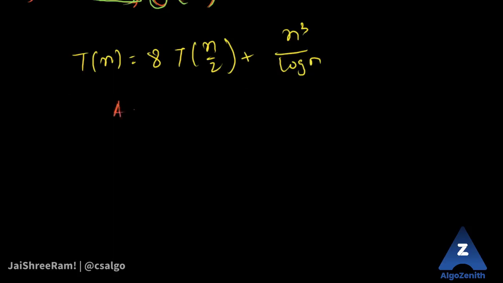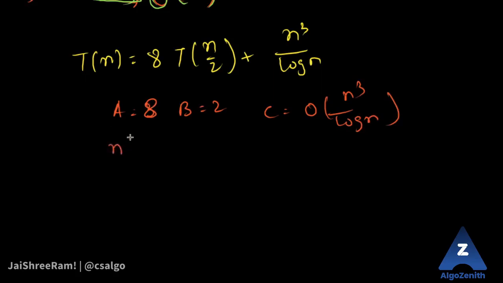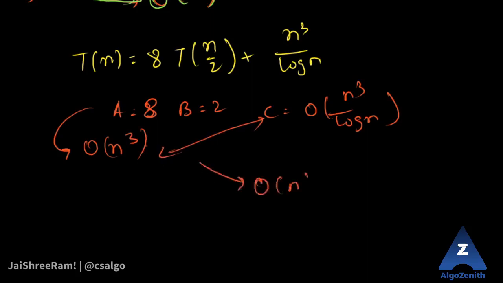Again, a equal to 8, b equal to 2, c equal to order n cube by log n. If you do log base 2 of 8, that would be n to the power 3. This is the first part, and this is the second part. Now if you compare them, it might seem that this is larger, and you can report order n cube.